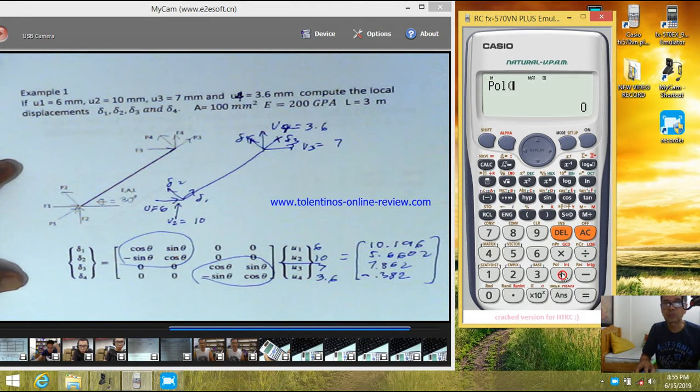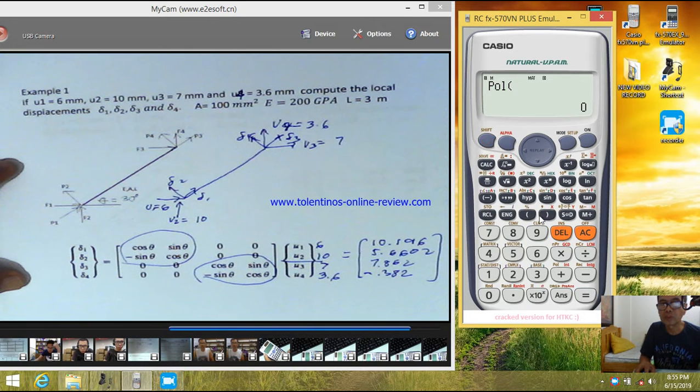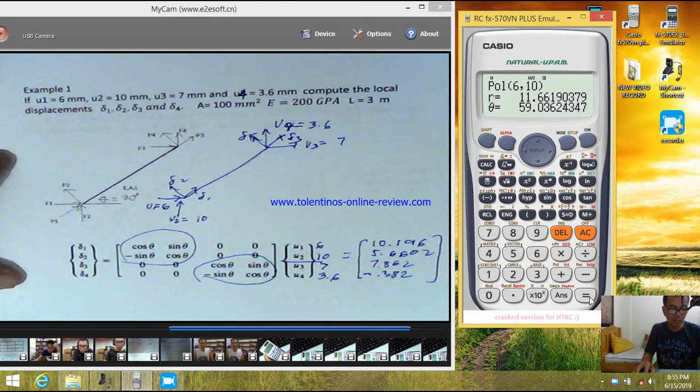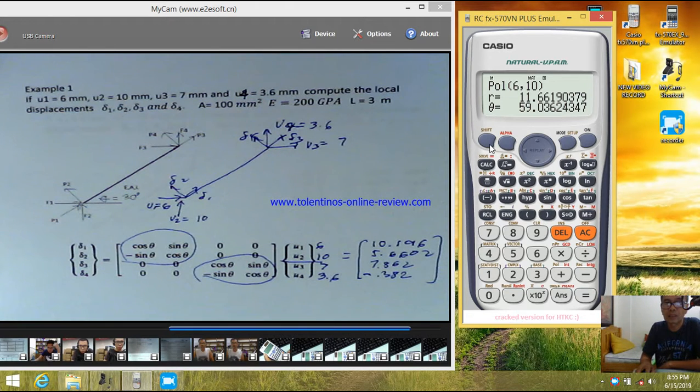Shift plus polar 6, comma 10, then shift rec.